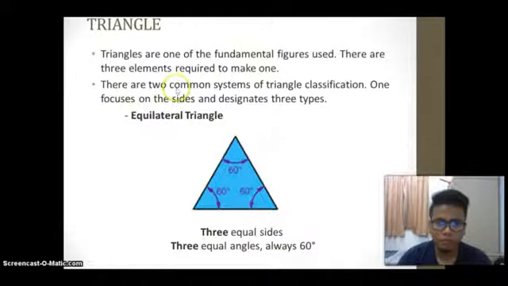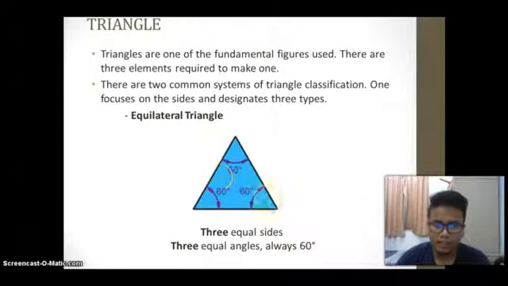There are 2 common systems of triangle classification. One focuses on the sides and has 3 types. One of them is the equilateral triangle. An equilateral triangle has 3 equal sides of equal length and 3 equal angles, and the angle is always 60 degrees.